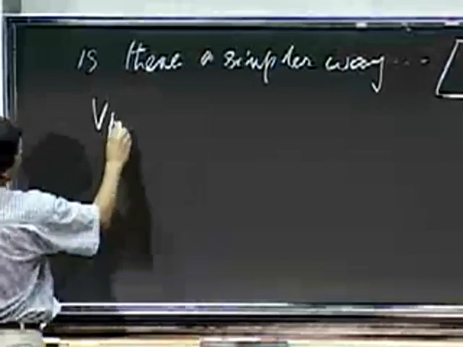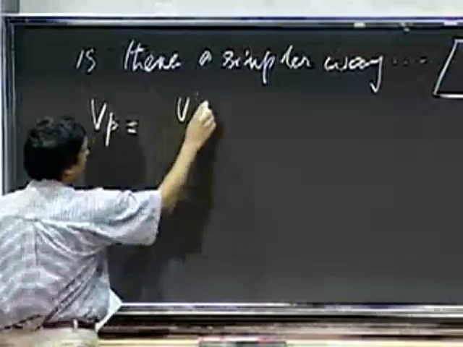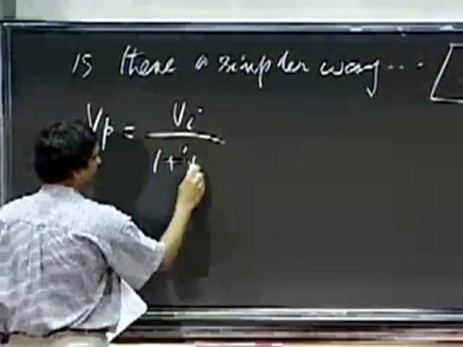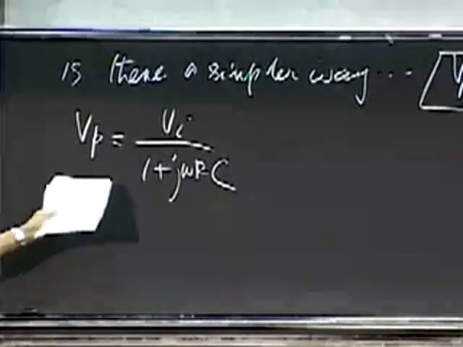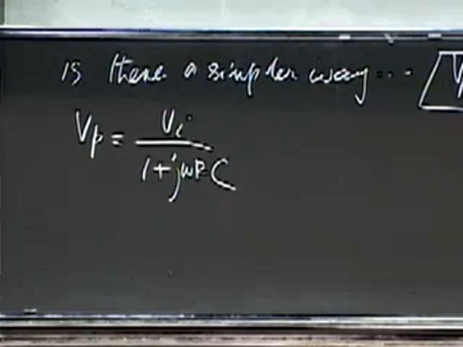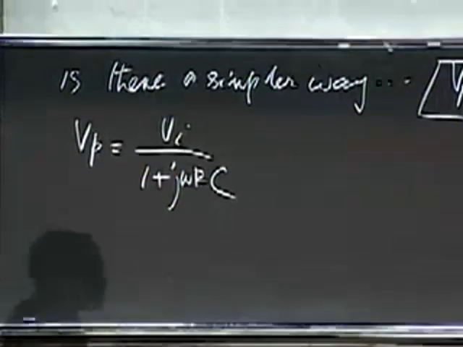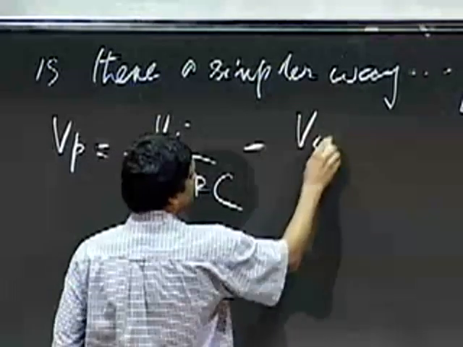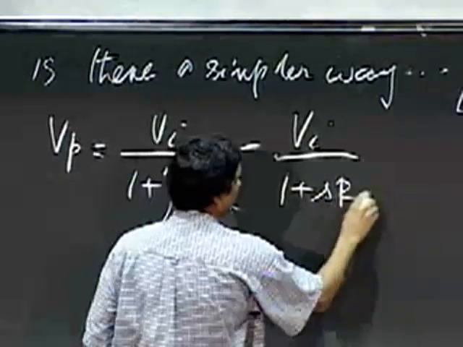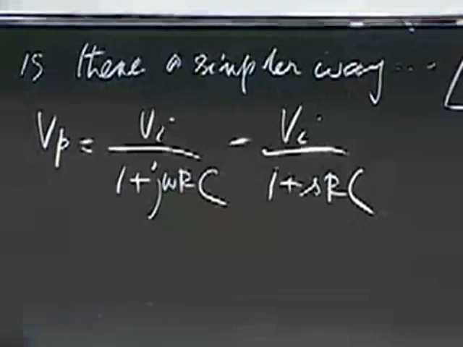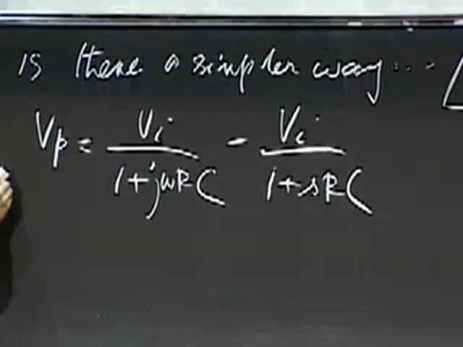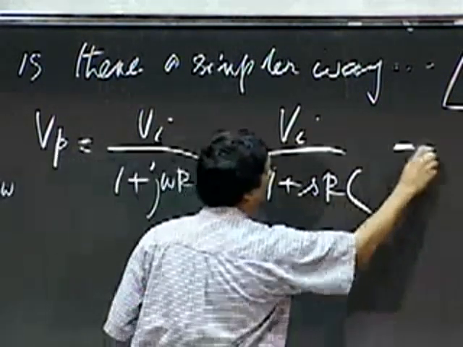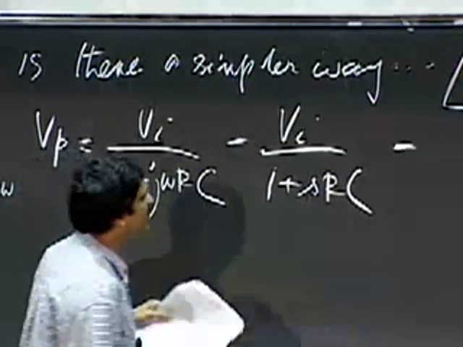To build some insight, let's go ahead and write down, let's stare at this for a while longer and see if light bulbs go off in our minds. I can write this with a shorthand notation S for j omega, and I simply divide by SC throughout.